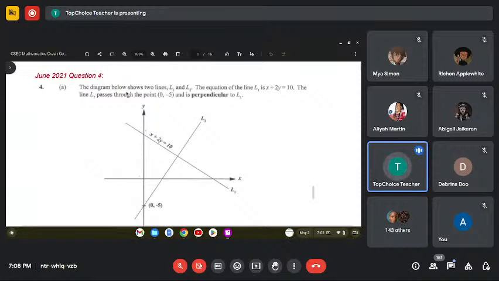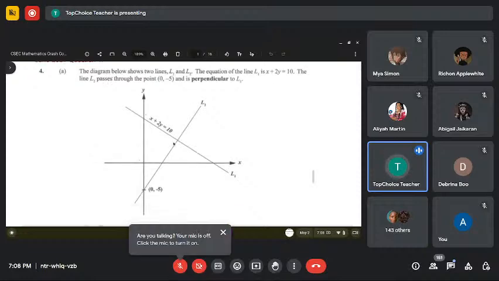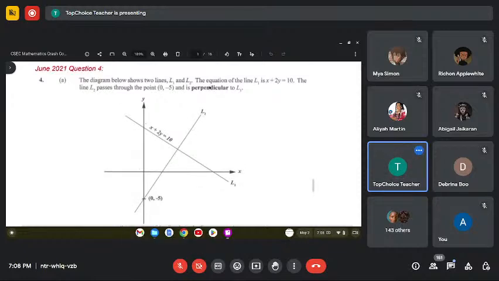All right, so the first thing we're going to do in this particular question is to treat it as if we've seen it for the first time. Let's read it. The diagram below shows 2 lines, L1 and L2. Notice we have this line here, this is L1, and this one up here is L2. The equation of line L1 is x plus 2y equals 10. That is the equation of this line, and they put it on the diagram for you conveniently.